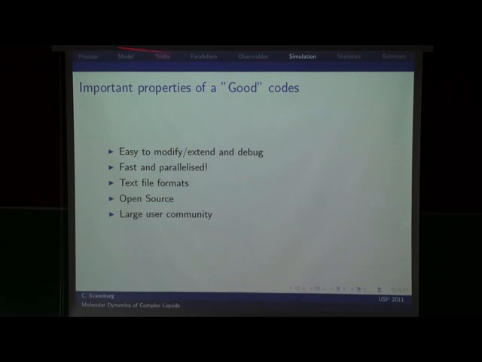So these are some of the properties of what I think would be a good code. It has to be easy to modify and extend, and also to debug. It has to be fast and parallelized. We need to get much science out of as few resources as possible. A practical thing is that software should always write output in text files and never in binary formats.